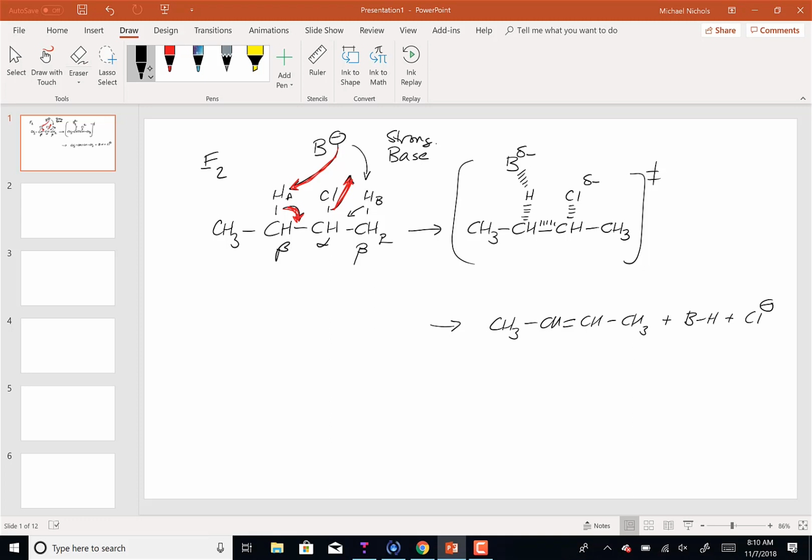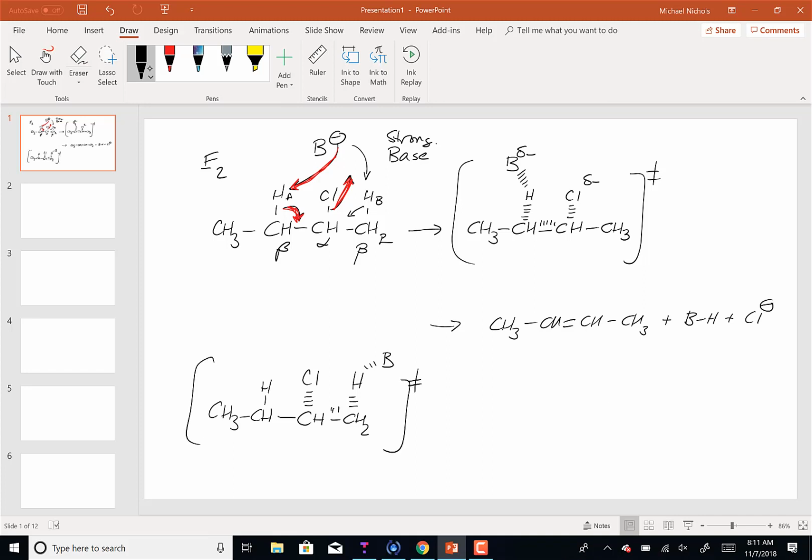The transition state for removing HB, in this case, would have a partial bond to the hydrogen, carbon-hydrogen, partial bond to the base, partial double bond forming, and then a partial bond to the chlorine leaving.